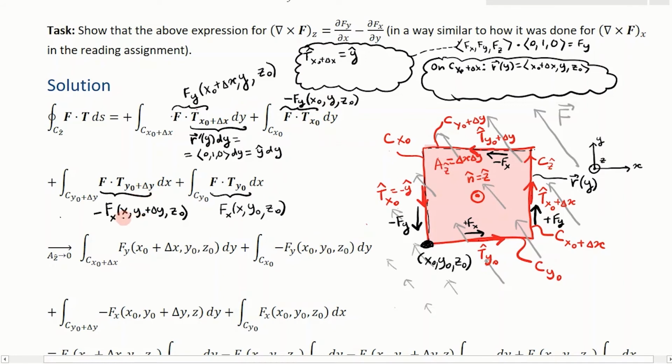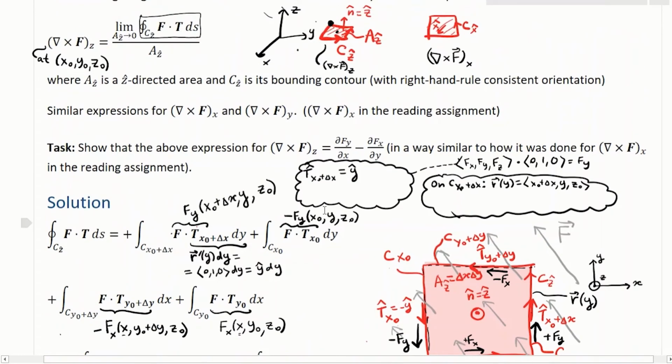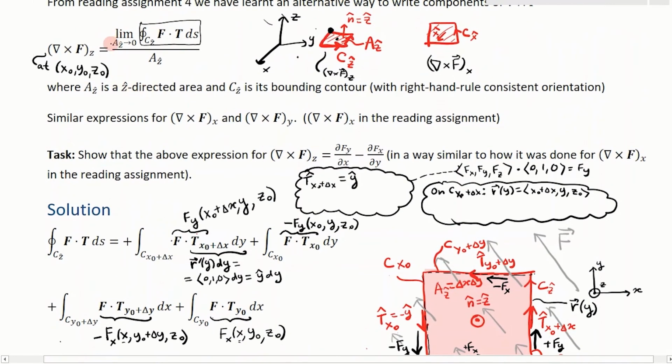Here I replaced x with x naught, and here I replaced x with x naught as well. Here's what I'm doing: I'm realizing that we're interested in the limit as the contour becomes very, very small. So delta x approaches 0 and delta y approaches 0.